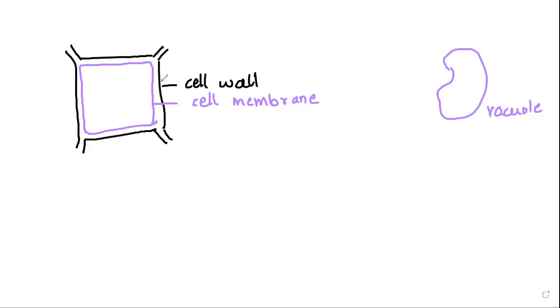Correct. So because of this double layer barrier or double protection which the plant cell has, the entry of foreign particles is really very, very less. Versus in animal cells, we only have a cell membrane, a single layered protection, so things can pass in and out easily.